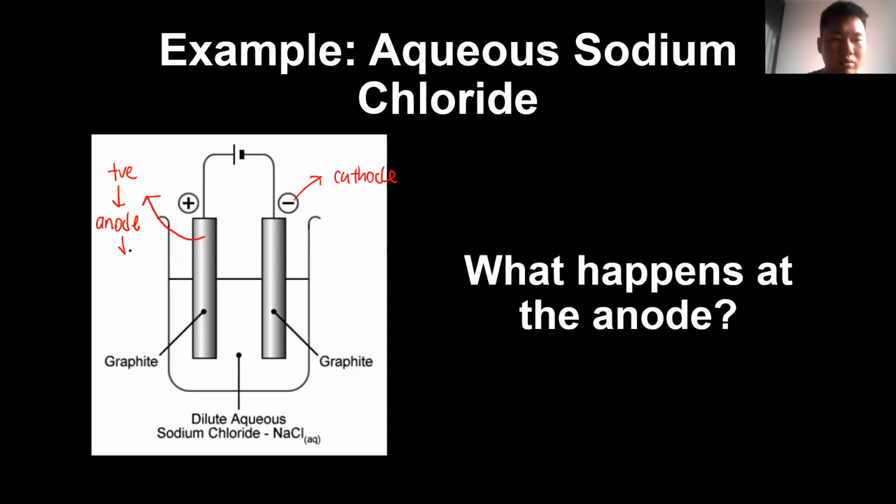The anode will attract the anions. The anions over here, there are two, are the OH- and the Cl-. So these two anions will move to this electrode, but only one of them will be discharged.